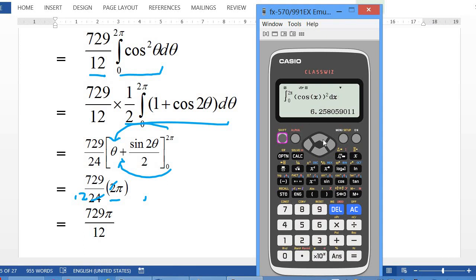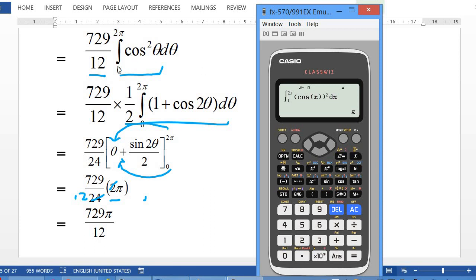Oh, I think maybe let me check whether it's in radians. Yeah, you get this is pi. Okay, sorry, just now the answer was in degree form. So the integral of cos squared theta d theta from 0 to 2 pi is actually pi.